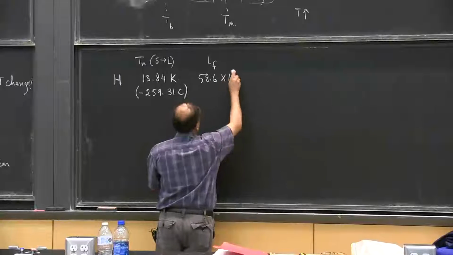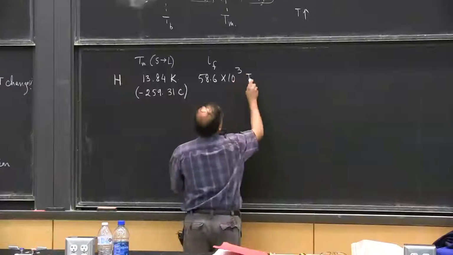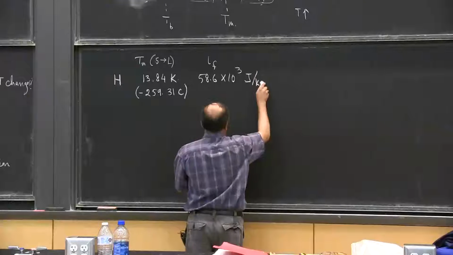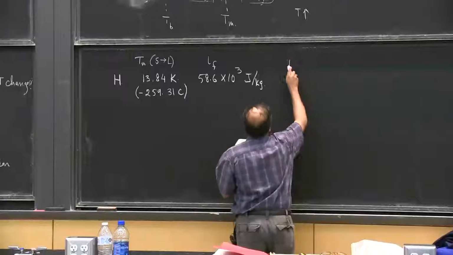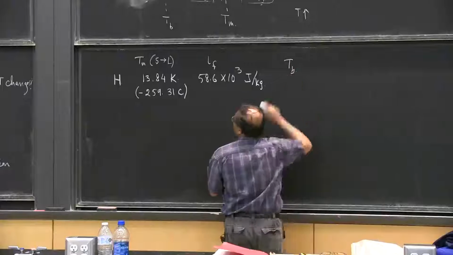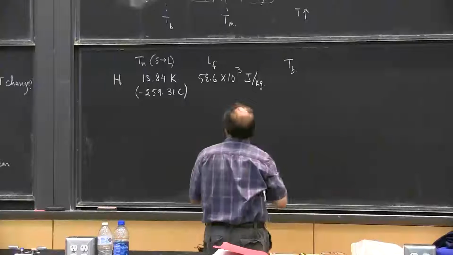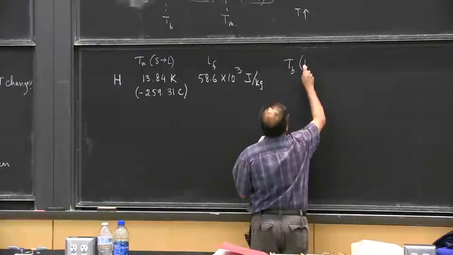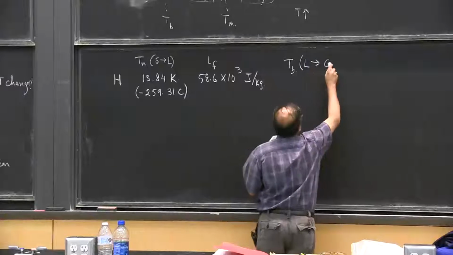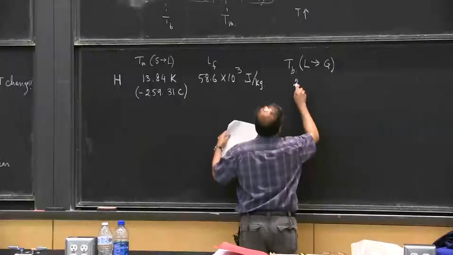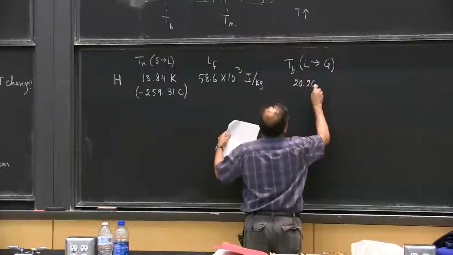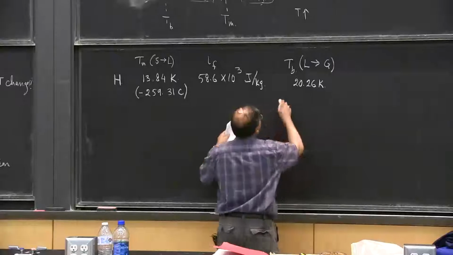The boiling point of hydrogen, so this is where the hydrogen would go from a liquid to our familiar form of being a gas, is 20.26 degrees Kelvin, so it's very cold.